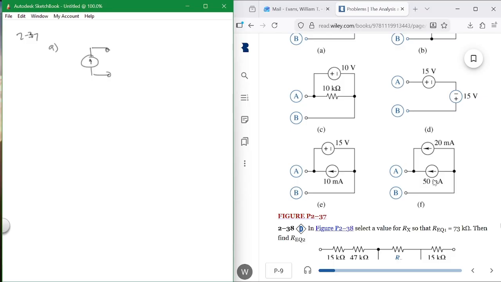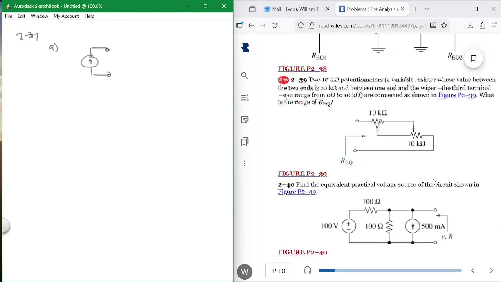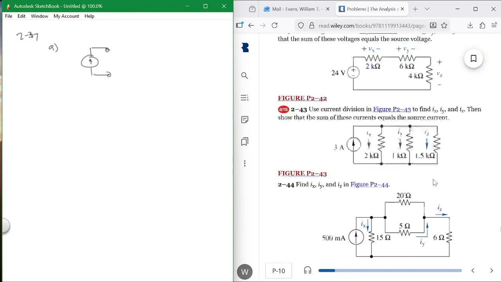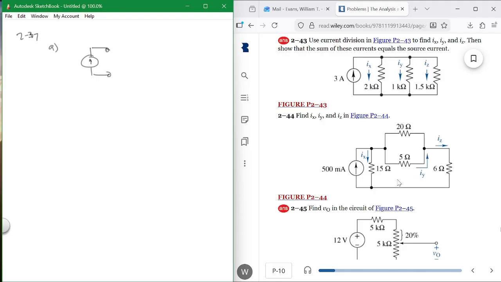That's about all on that one. 44. Find IX, IY, and IZ. I'll let you do that one. 48.